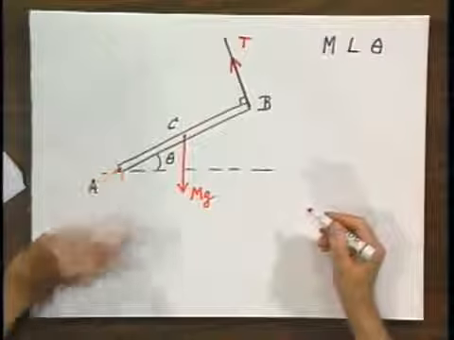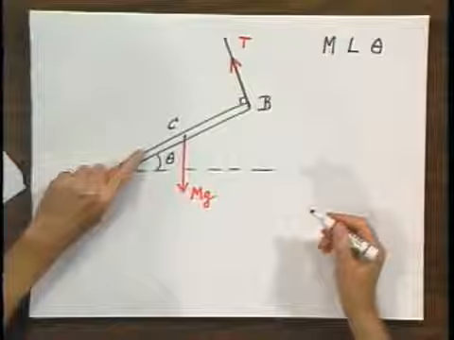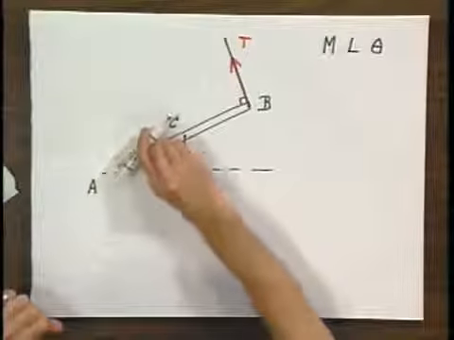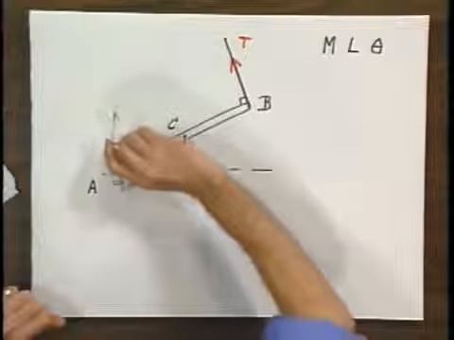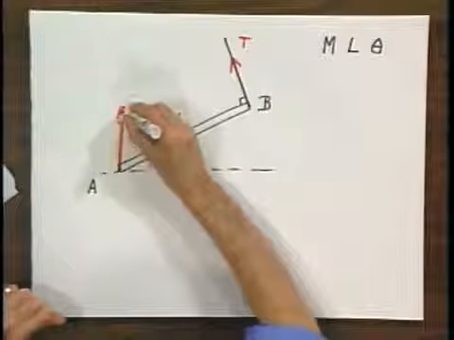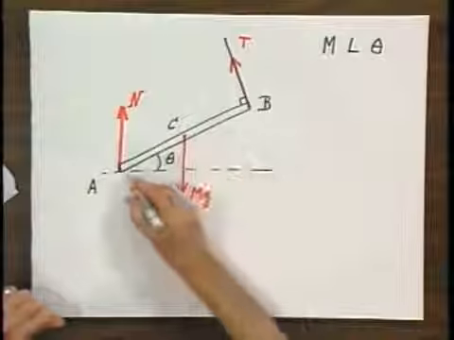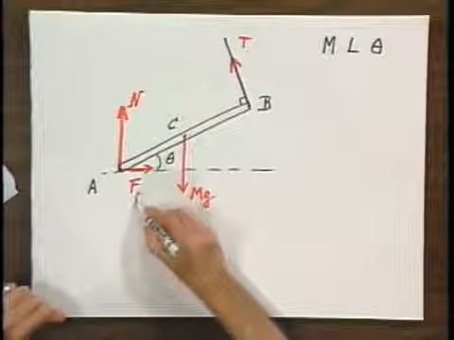At A, we have a contact force from the floor acting on the bar, something in this direction. I will decompose that in two directions, one parallel to the floor and one perpendicular to the floor. The one perpendicular to the floor we call N, that is the normal, and the one parallel to the floor we call the frictional force.